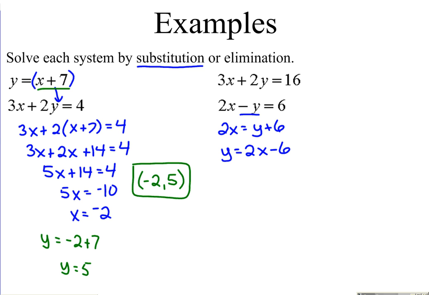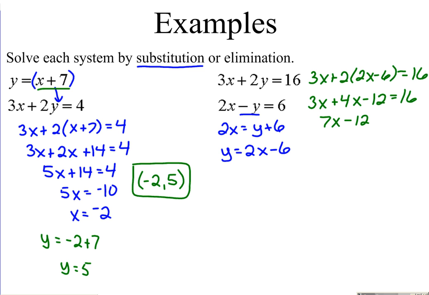Now I can take that and substitute it into the top equation in place of y. So we have 3x plus 2 times (2x minus 6) equals 16. Once again, distribute the 2 through. Collect like terms. 7x minus 12 equals 16. Finish solving for x. Add the 12 over.